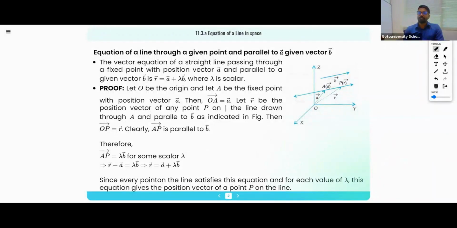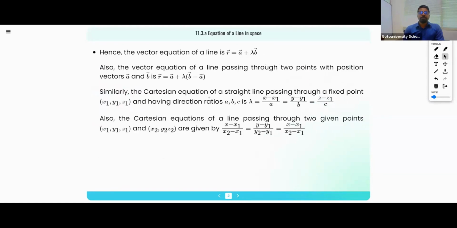So what happens to this equation? X1 i plus Y1 j plus Z1 k is equal to A i plus B j plus C k plus lambda times X i plus Y j plus Z k. This is how the equation comes about. Now we can remove the i, j, k which is common in all of them.